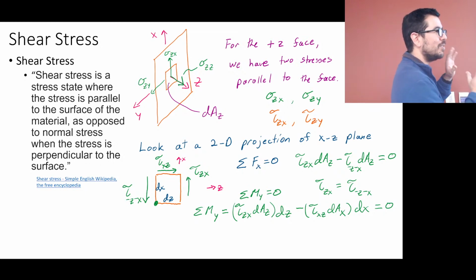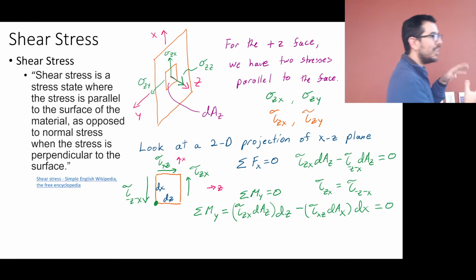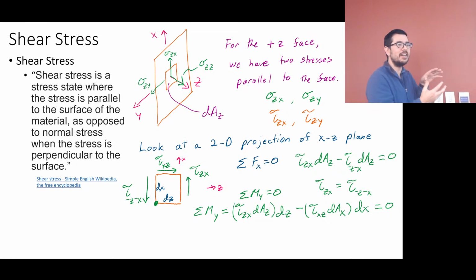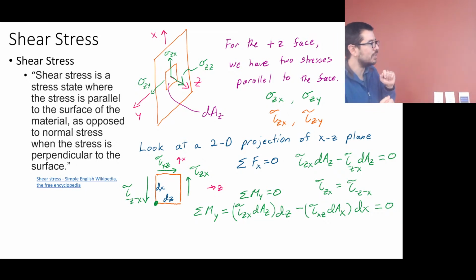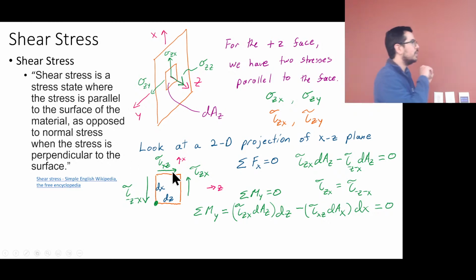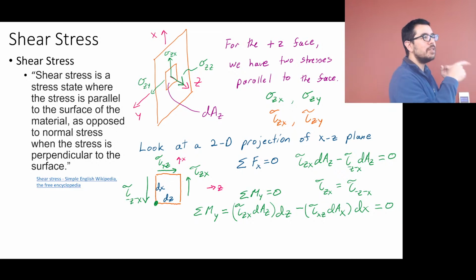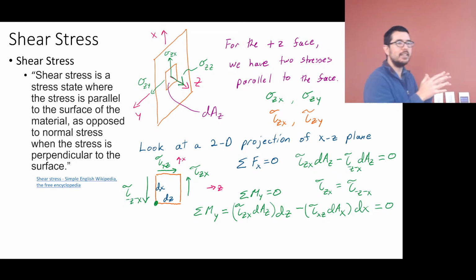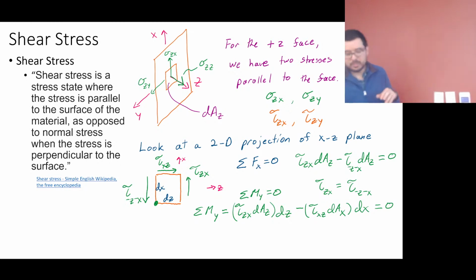But we're just showing that, yes, this box does not rotate and does not translate. But look, if I crank this tau xz enough, I can keep it from rotating, but now the box wants to translate in that direction. It wants to go to the right. So what do I need to do?